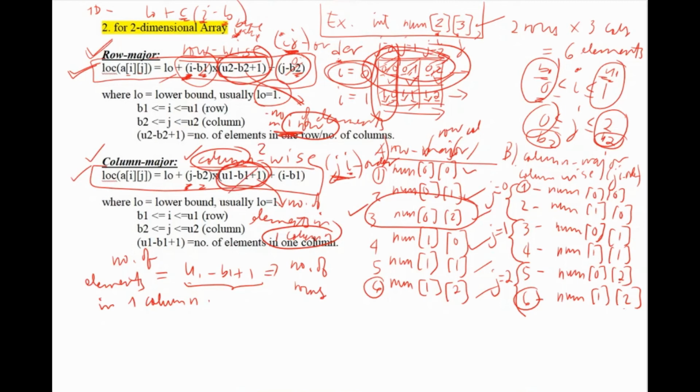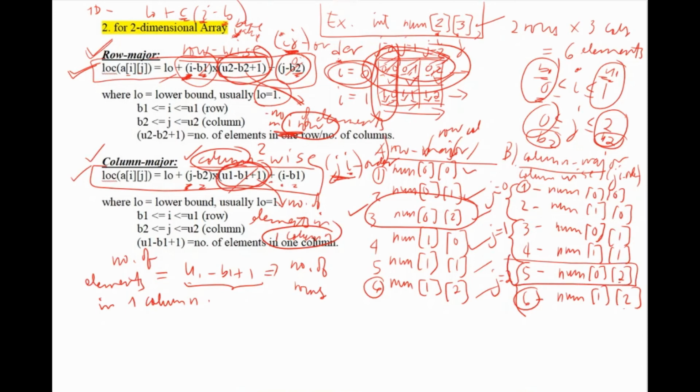And after the column index J, our next consideration is the row index, which is I, and then minus B1, which is the base of I. Let's try to locate the same element that we have computed a while ago. So num02 for column major is this one, located at the 5th position.